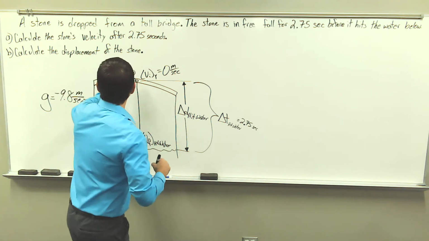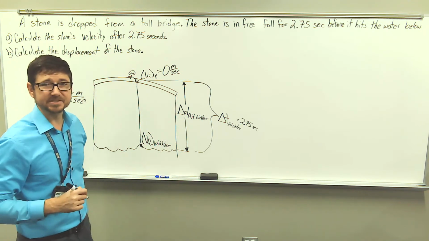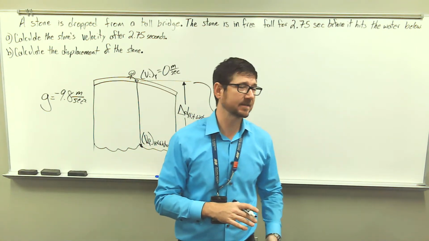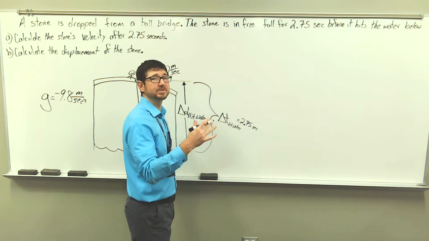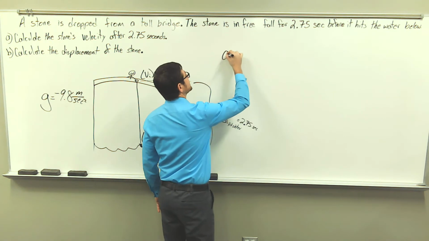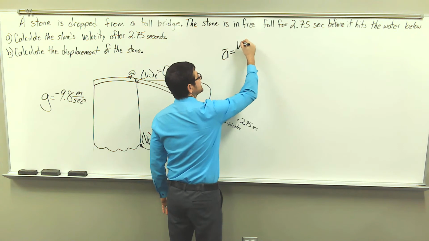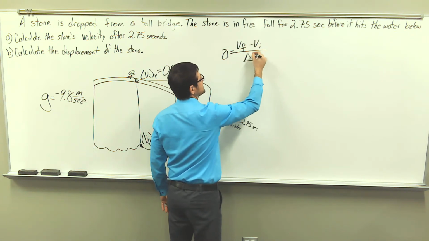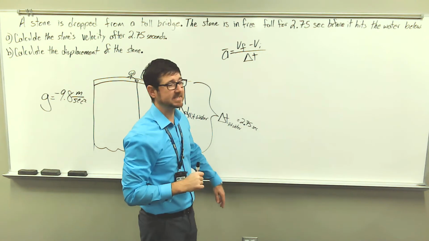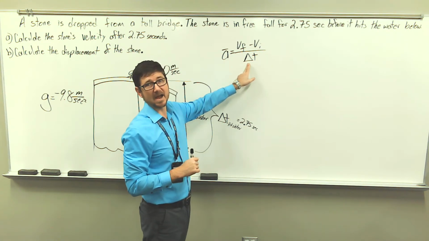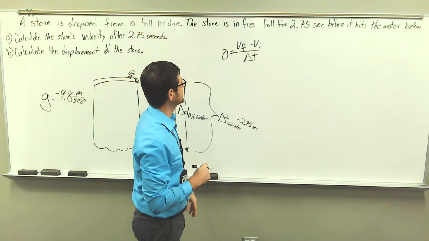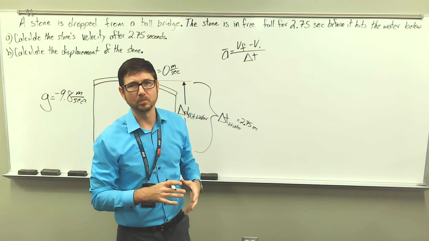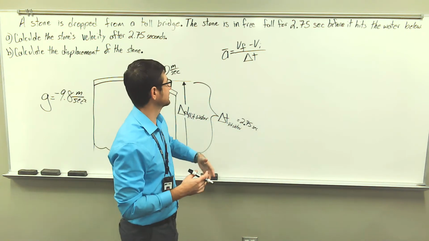So first half of our problem, calculate the stone's velocity after 2.75 seconds in free fall. Let's start with the base equation for acceleration. We know it's the change in velocity, so final velocity minus initial velocity divided by delta t, and this is the time interval. Now, I want to be a little bit more specific with my variables.